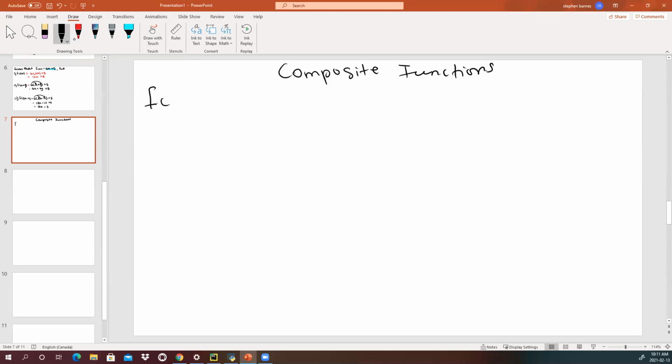If you have one function, which is f of x equals 4x plus 3, and a second function, which is g of x equals x squared, let's say you're asked to find f of g of 4. Let's do that one first, f of g of 4.